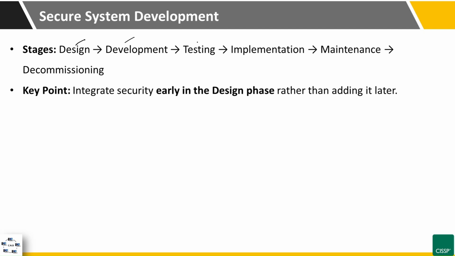Before implementation, we test the system, then we finally implement the system, and then we go through the maintenance stage of the system, which is ongoing maintenance. And when the system runs out of its useful life, it is decommissioned.